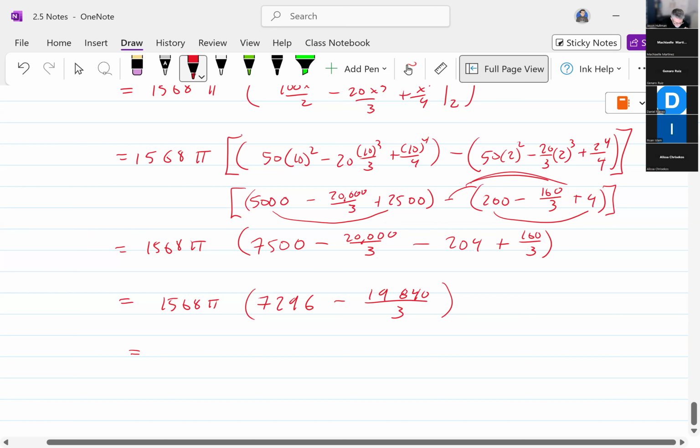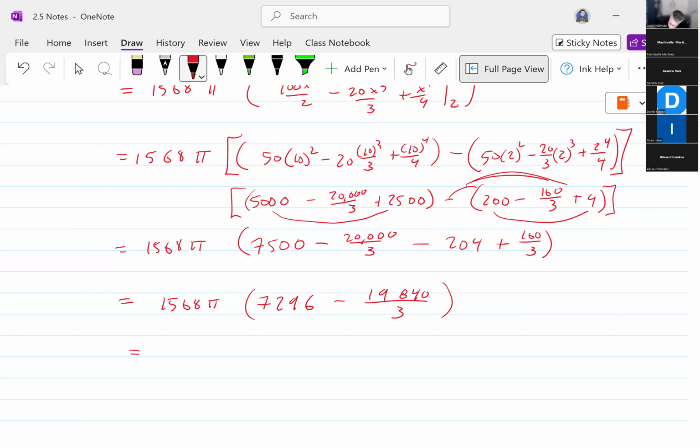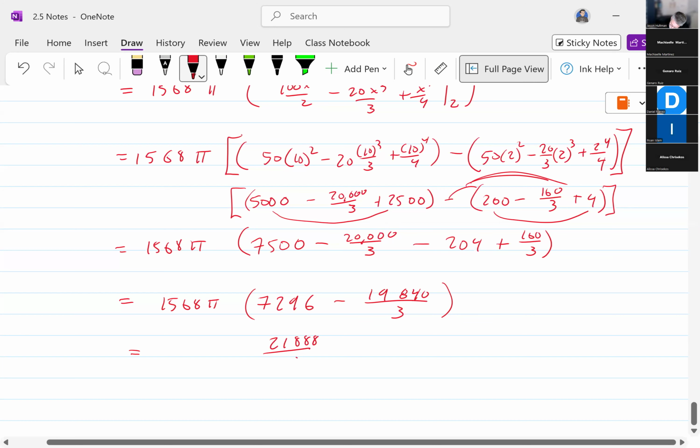Finding a common denominator of 3, this becomes 21,888 over 3 minus 19,840 over 3, times 1568 pi.